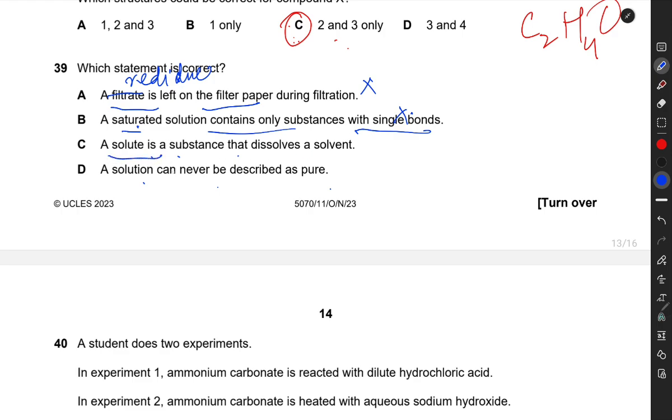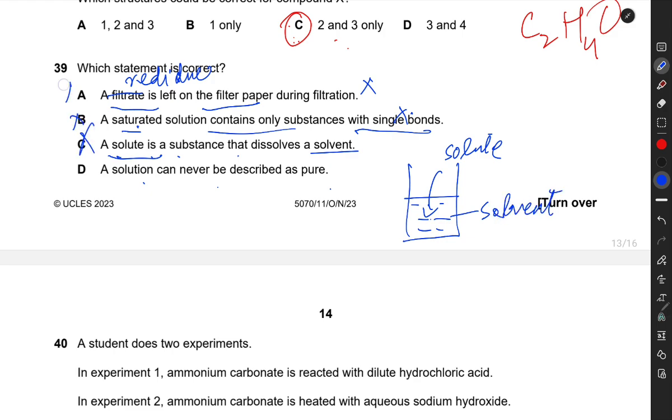No, a solvent is a substance that dissolves the solute, and the solute is dissolved in it. So this option is also incorrect. And a solution can never be described as pure. Yes, solutions can never be described as pure, so this is the correct statement.